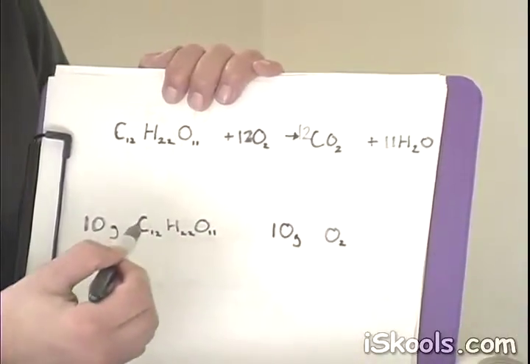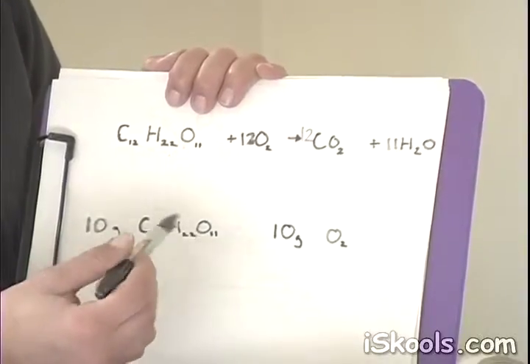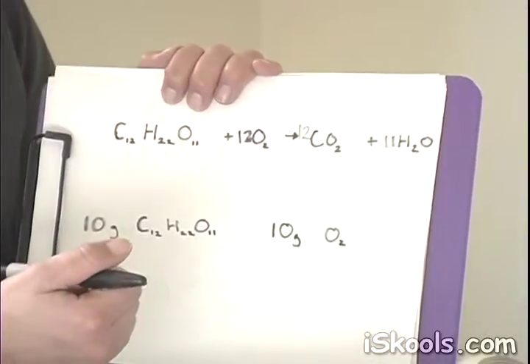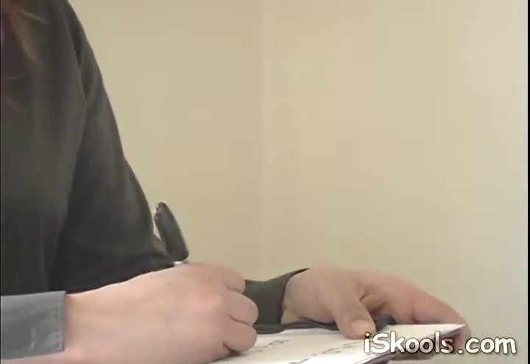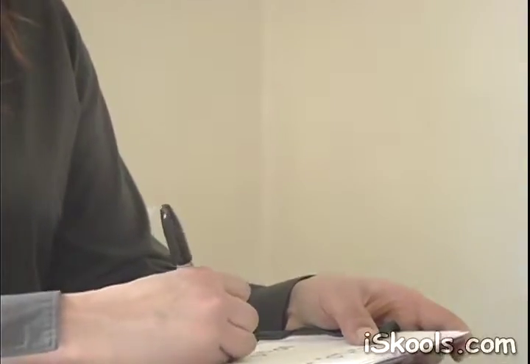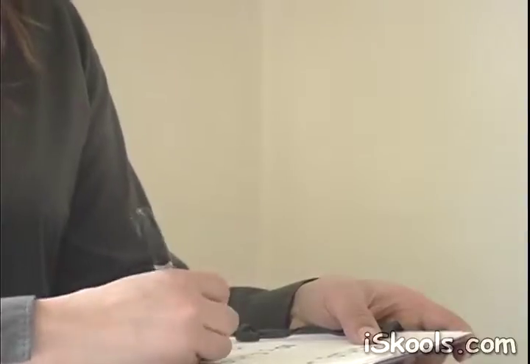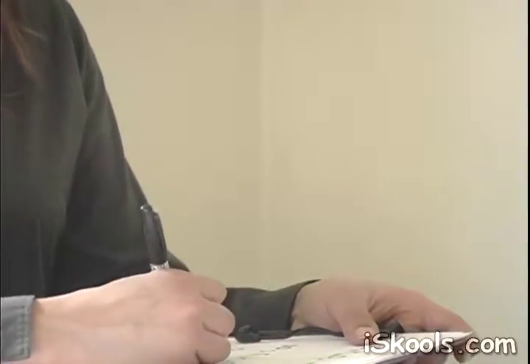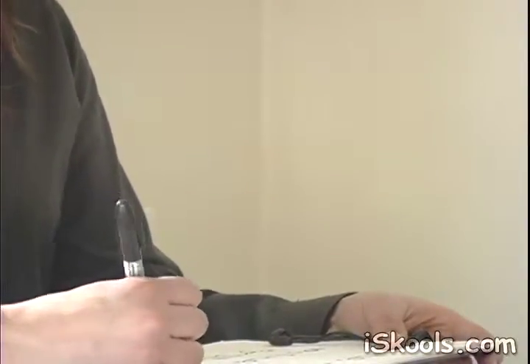So the first step would be to convert 10 grams into moles, and I already did that using the molecular mass of 342 grams. So I would want to take 10 grams of that substance over 1 mole, times 1 mole over 342 grams, and that actually equals 0.029 moles.